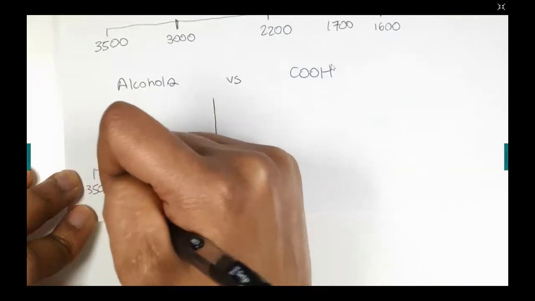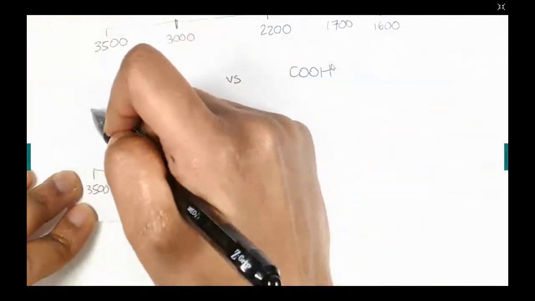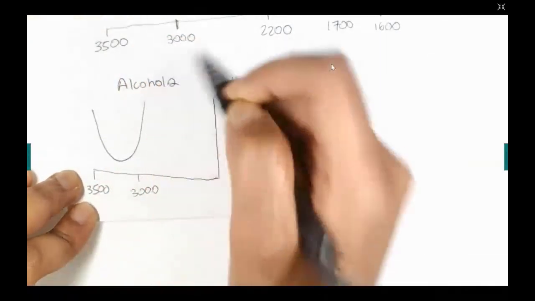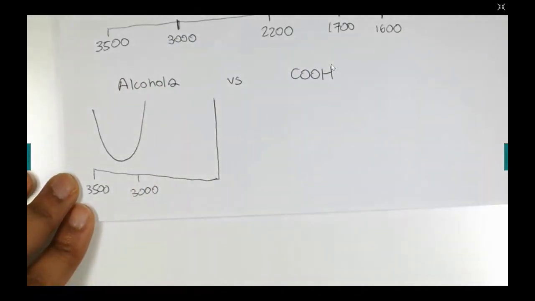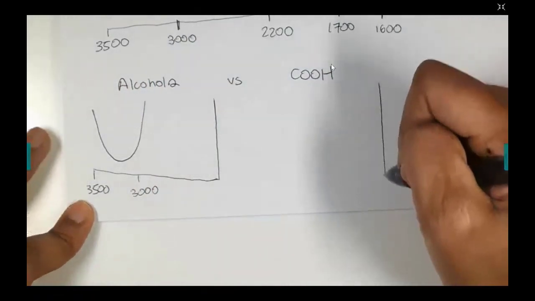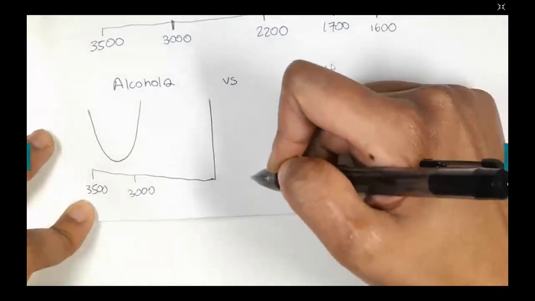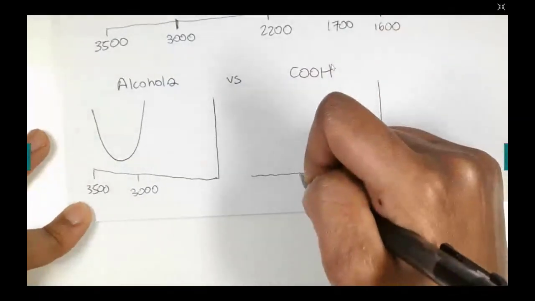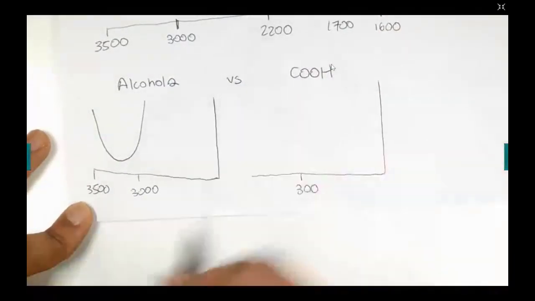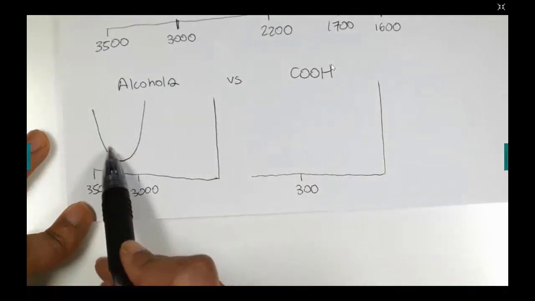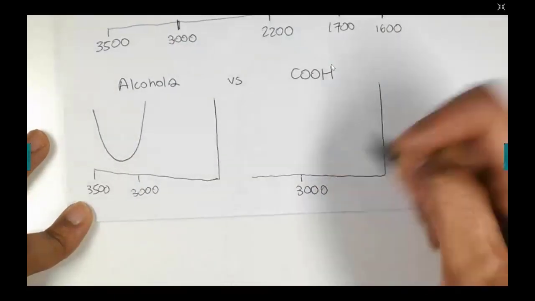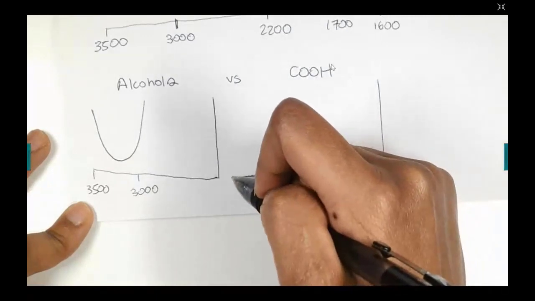So you're going to see that they center at the 3300 point, and they have something that looks like this. So it's a big peak that goes down pretty far, right? Carboxylic acids are also a broad peak, but they're also wider.